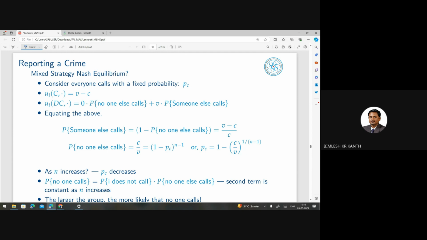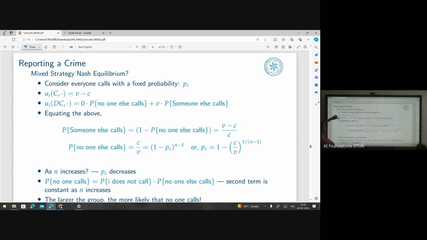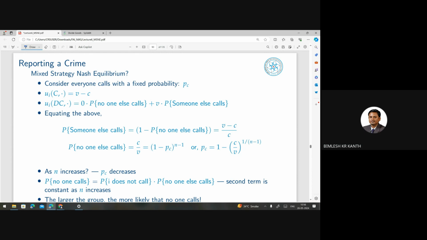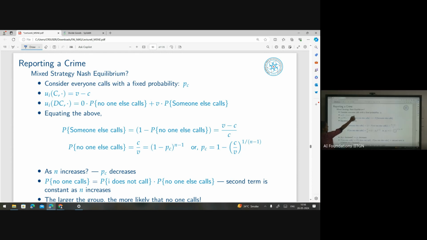So what do we mean when we say equating the error? What are we equating? My utility is for two strategies. I have two strategies, C and DC. If I play C, I get a utility of V minus C, and if I play DC, I get this particular utility.